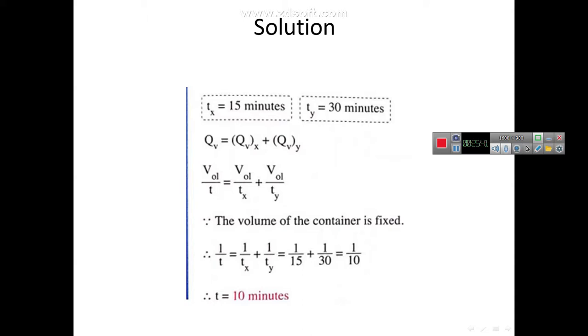The volume of the container is fixed, it does not change. So 1 over T equals 1 over Tx plus 1 over Ty, equals 1 over 15 plus 1 over 30, equals 1 over 10. So the time equals 10 minutes.